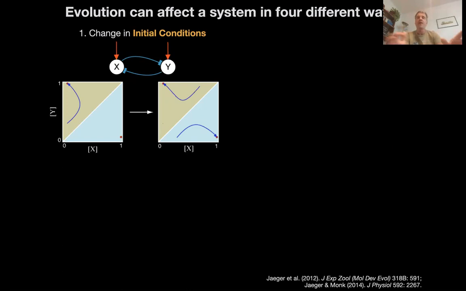The first is that evolution changes the initial conditions of the system. So imagine that usually you start with more green protein in a specific nucleus than blue. You always end up at the Krupel on, giant off attractor. But it could be that now evolution changes the concentration. So Krupel and giant concentration increases by a lot, but still there's more Krupel than giant. The system will still converge to the same attractor.